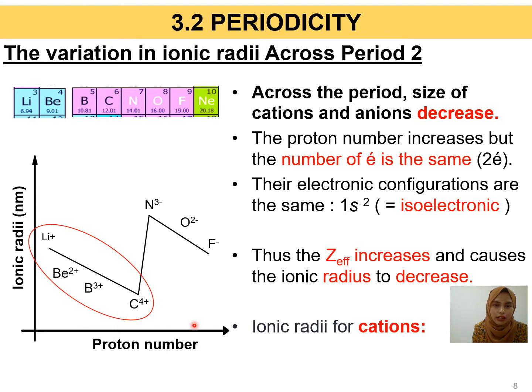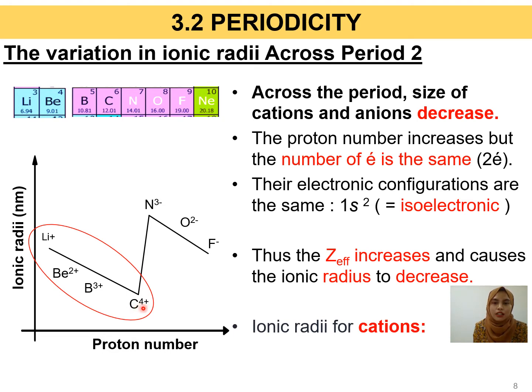If you look at this graph, the proton number increases across the period, but in terms of ionic radii, from Li to C, carbon has the smallest ionic size. Why? The more the positive charge increases, the smaller the size of the ion.